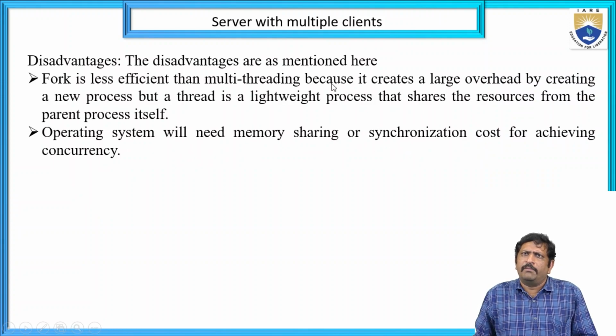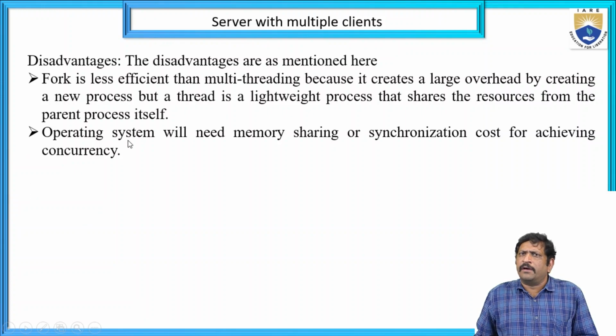Disadvantages of the multiple client server. Fork is less efficient than multithreading because it creates a large overhead by creating a new process, but a thread is a lightweight process that shares resources from the parent process itself.